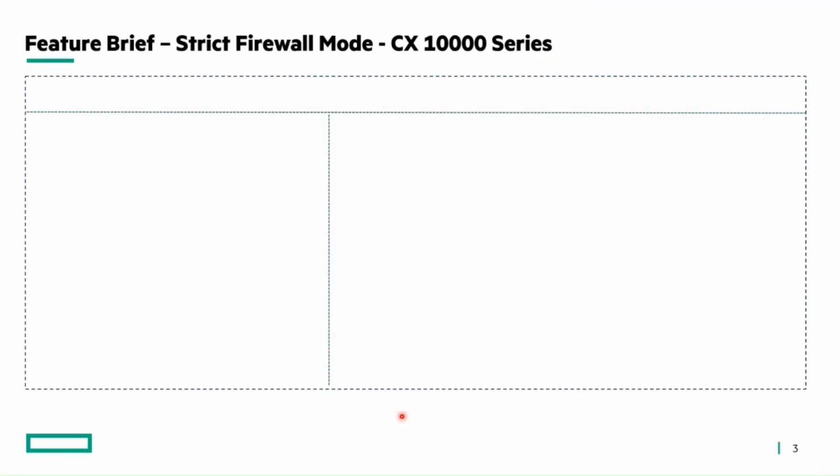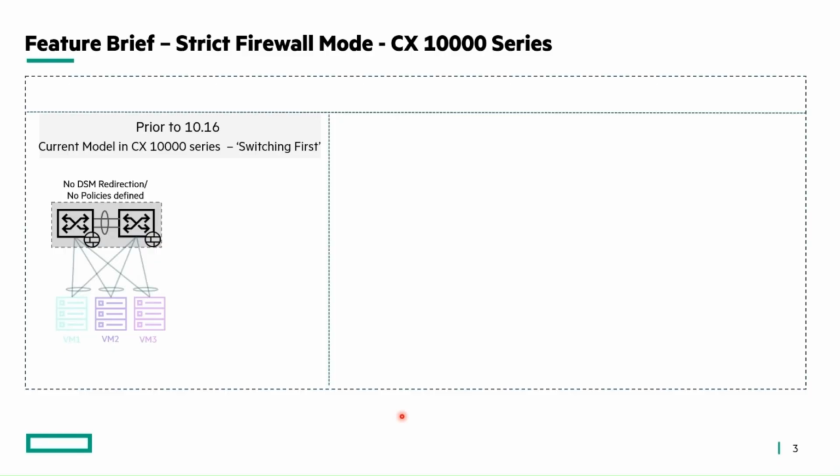A little more detail about how it works: prior to 10.16, prior to this release, the current model in the CX 10,000 series was switching first. What does it mean? No DSM redirection, no policy defined. In this scenario, everything can talk to each other. There's no firewall and no redirection; it's doing general switching or routing.